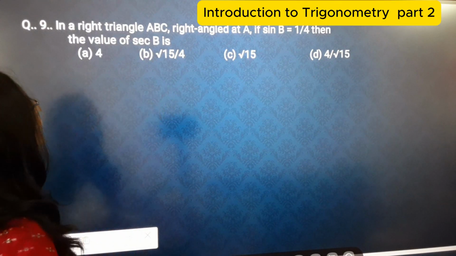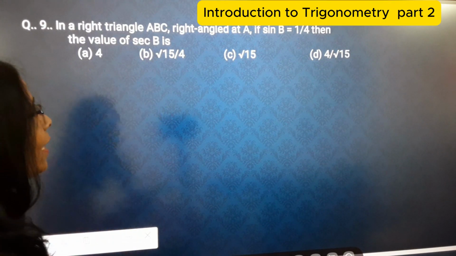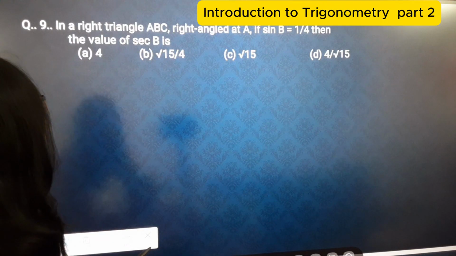Here the right angle is at A and sin B is equal to 1 upon 4.